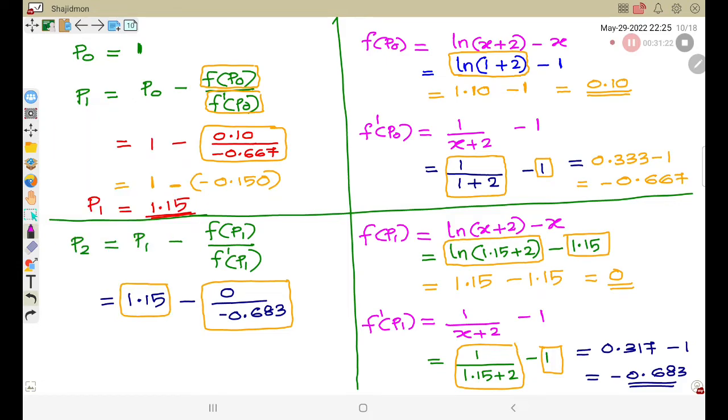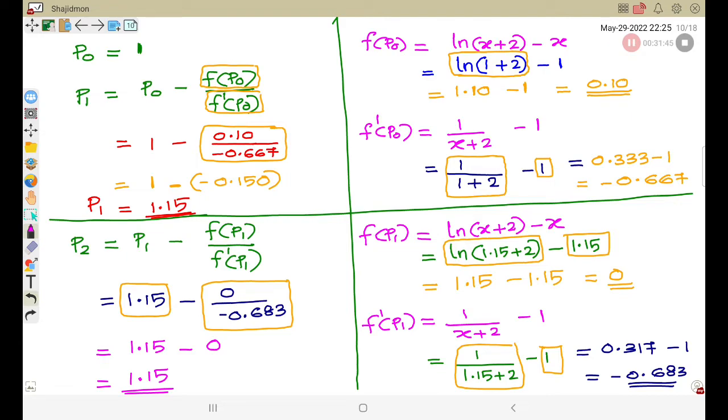So what happened here? 1.15 minus 0 divided by minus 0.683 means it is 0. Correct. 0 divided by. So what will be the answer getting? Same, 1.15 using 3 digits rounding. Correct. Using 3 digits rounding we are getting the same number here.